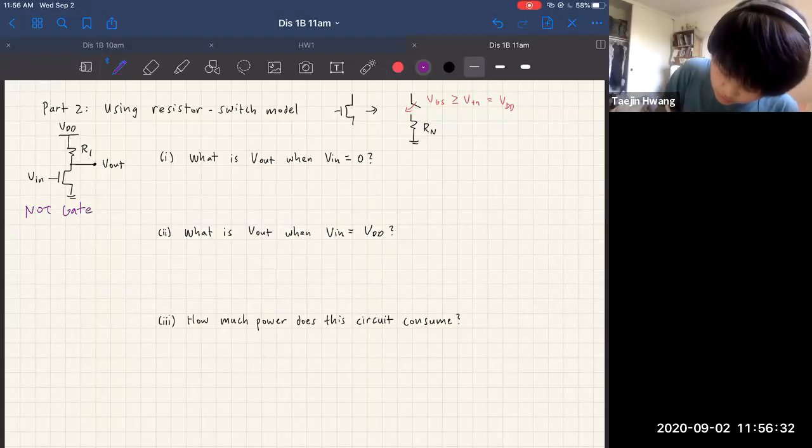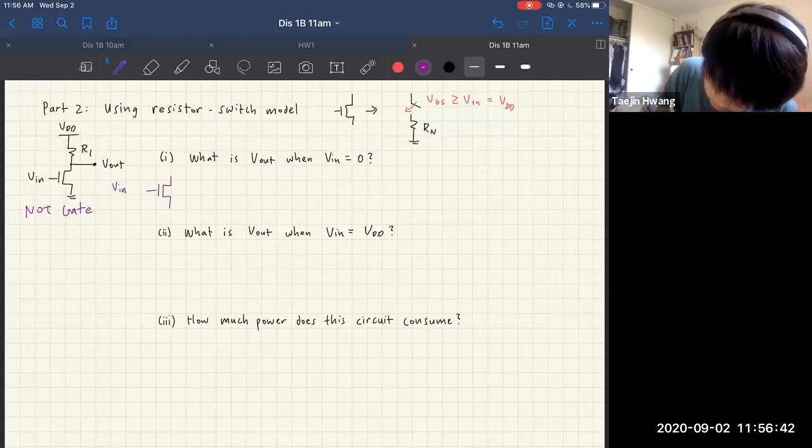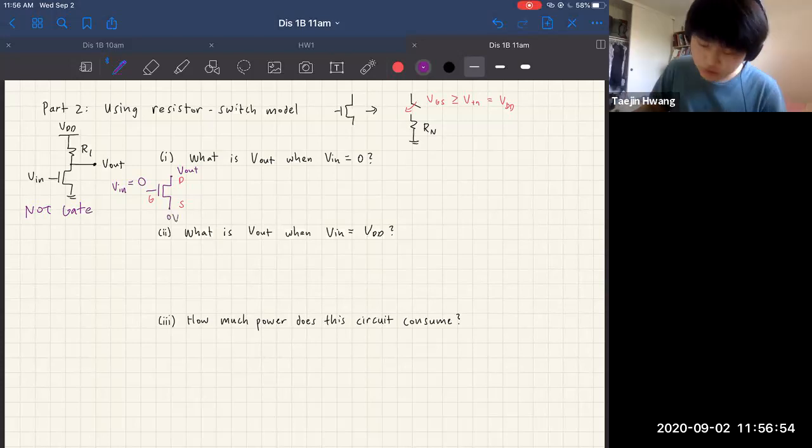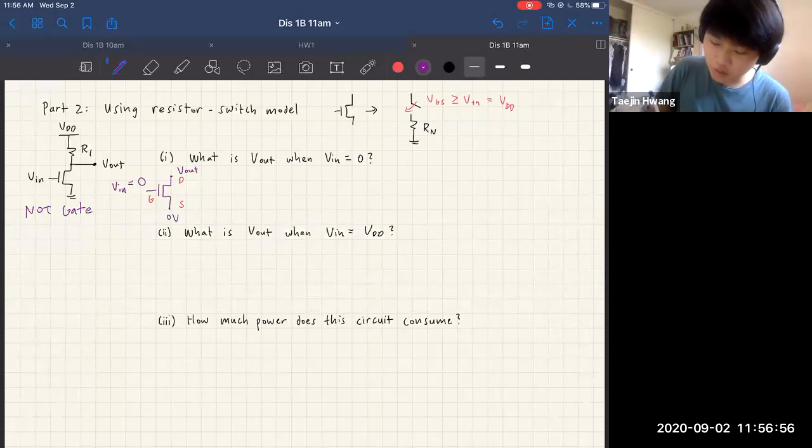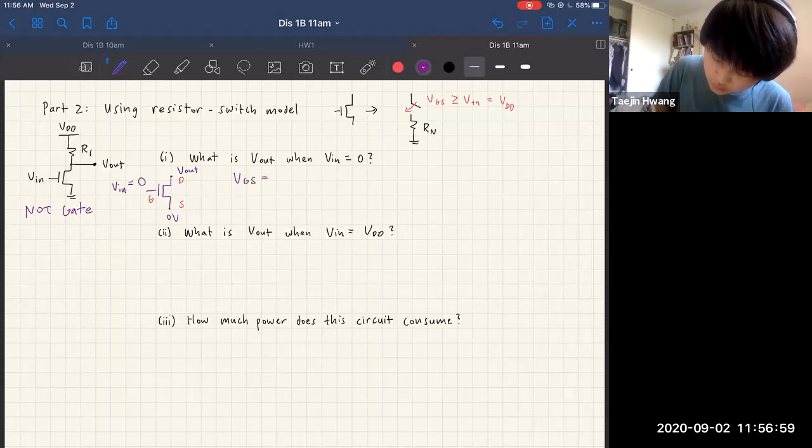So when we look at the NMOS transistor, we have Vn equal to 0. This is the gate, this is the drain, this is the source. V out is the drain, and the source is ground. Again, it's pretty formulaic: VGS is equal to VG minus VS, which is 0 minus 0, which is equal to 0.